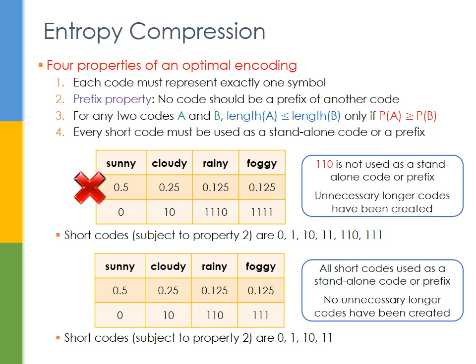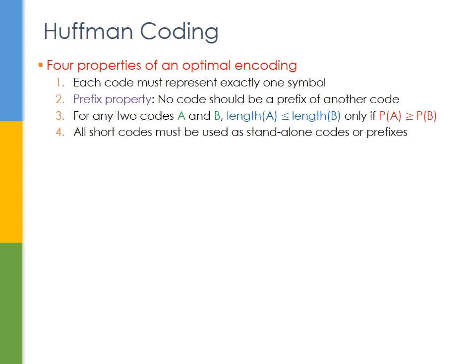What this means is that this encoding satisfies the 4th property, which means that as long as it satisfies the previous 3 properties, it is considered an optimal encoding.